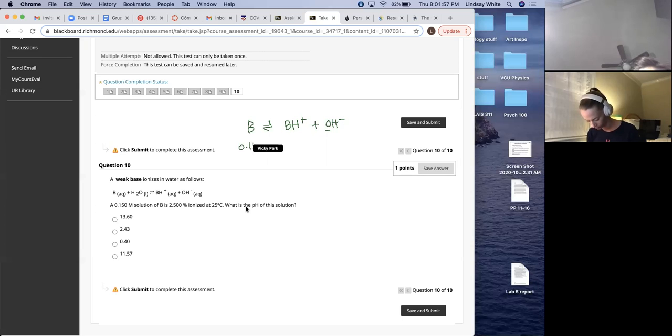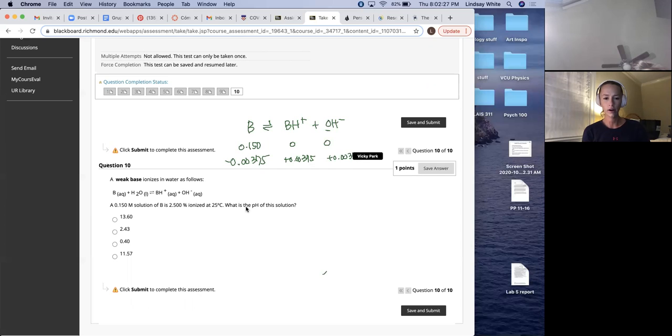This is 0.15000. And if 2.5% ionizes, what's 2.5% of 0.15? 0.15, yeah. That's 0.00375. Creating 0.00375, 0.00375.